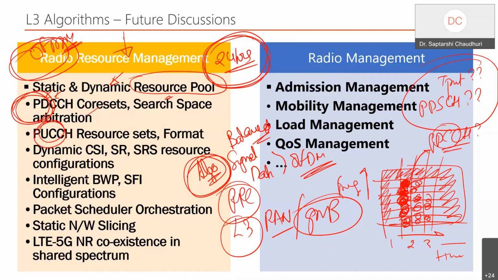So how you plan your bandwidth configuration, like the BWP part, that's what I talked about in my physical layer: whether you take your frequency domain and divide it into 4 or 2 or 1, what is the best method, what your application needs. This is where the radio resource management entity kicks in before the scheduler kicks in.